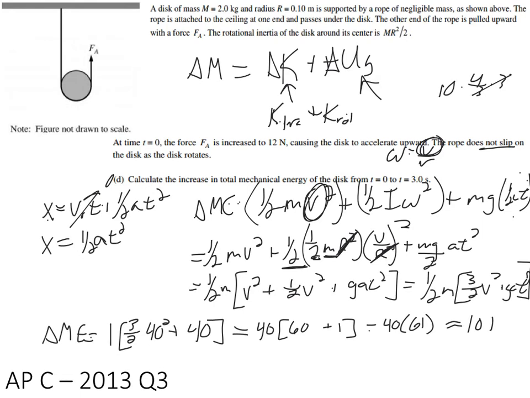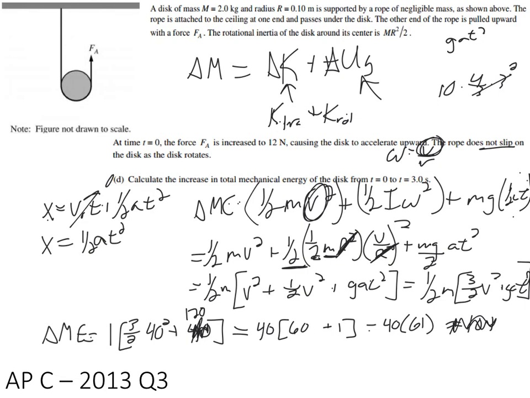Okay, I figured out what I did wrong. I made a few mistakes. One, when I was finding out the whole g a t squared, I forgot to square my time. So this shouldn't be 40, it should be 120.